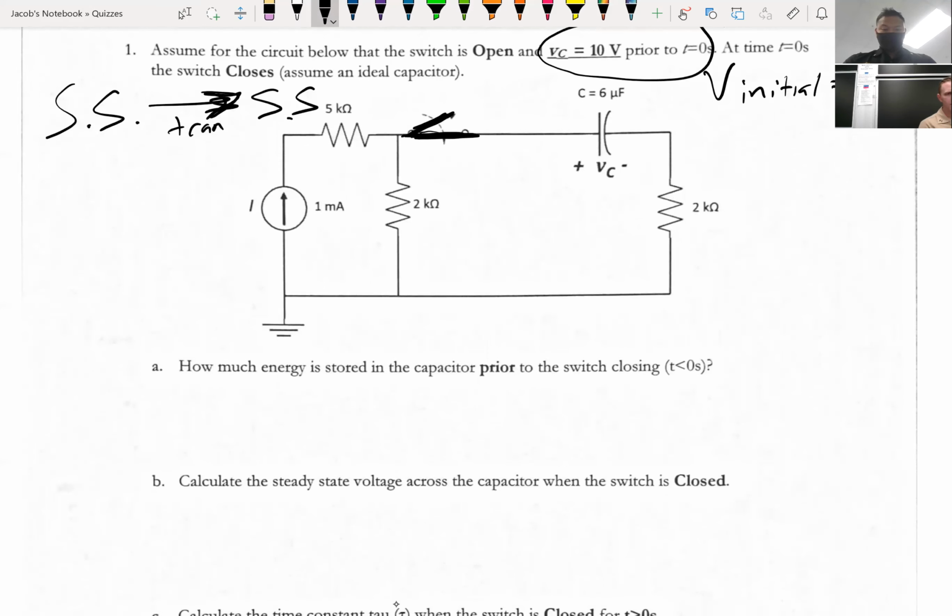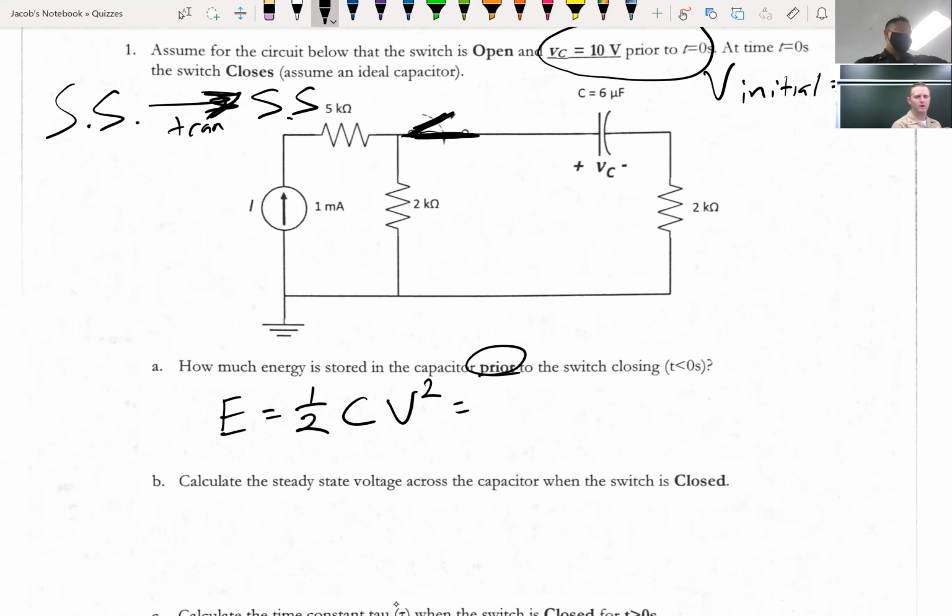How much energy is stored in a capacitor prior to the switch closing? Well, prior to the switch closing, it was at 10 volts. Energy equals 1 over 2CV squared, right? Energy is in joules. 1/2 capacitance is the 6 microfarads from right here.